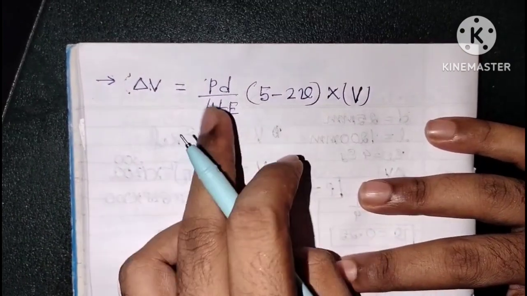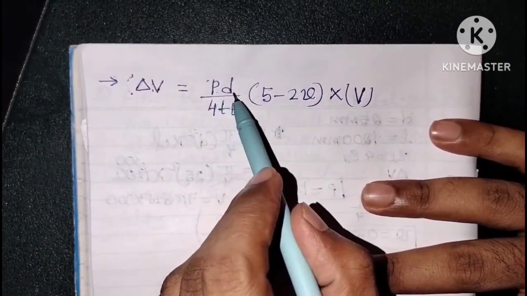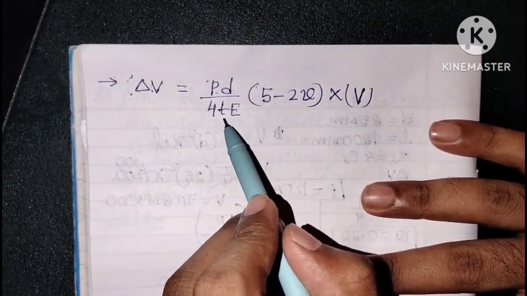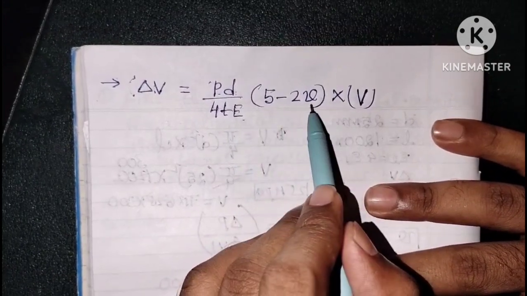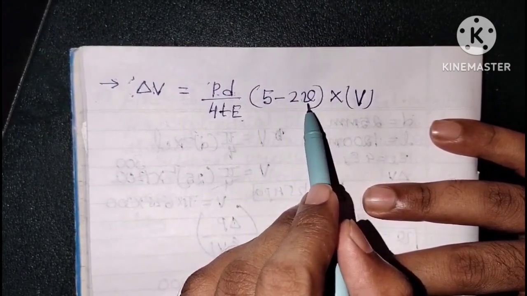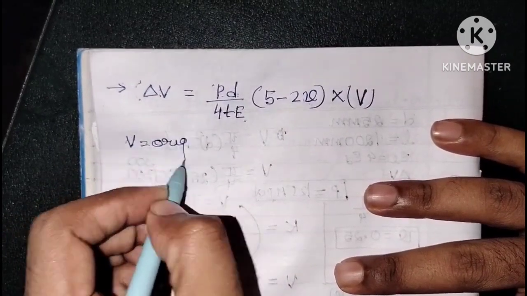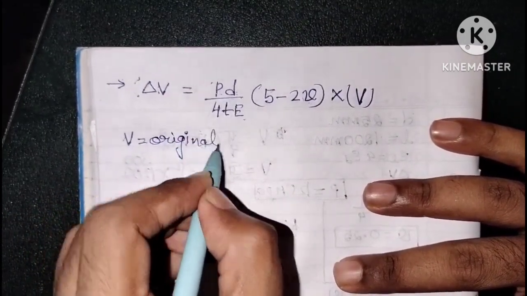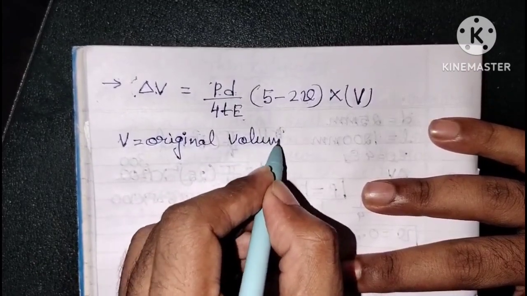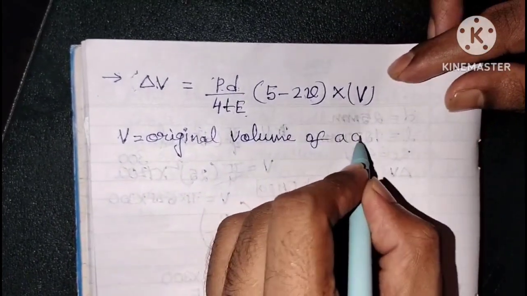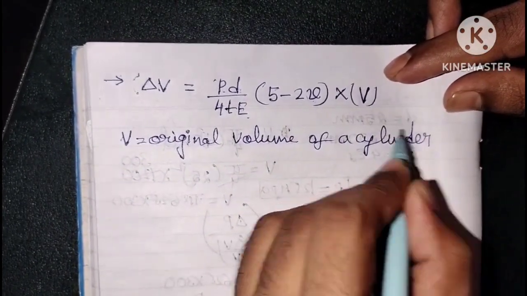Here P means internal pressure, D means diameter of the cylinder, T means thickness, E is Young's modulus, nu means Poisson's ratio, and V means the original volume of the cylinder.